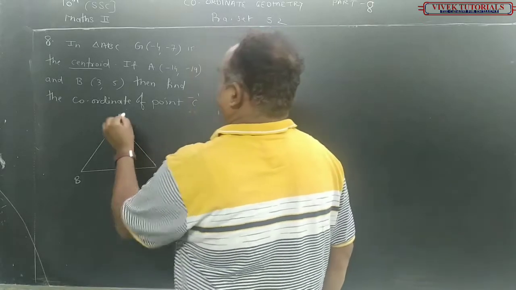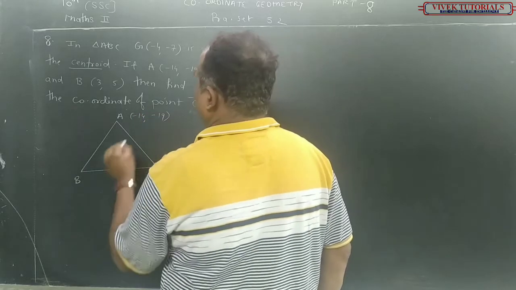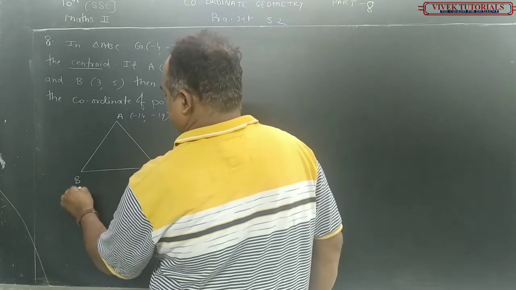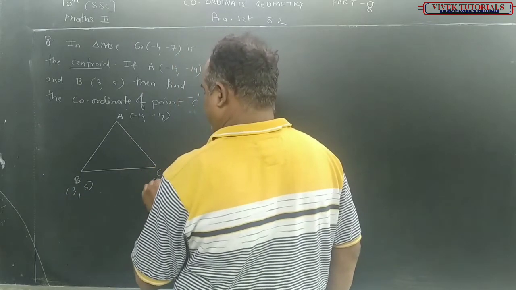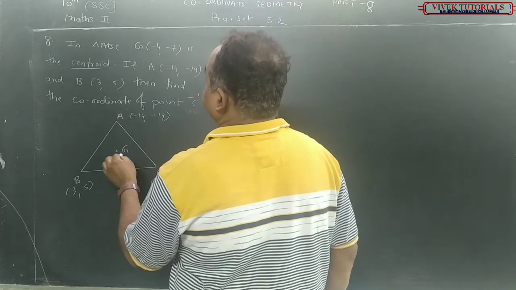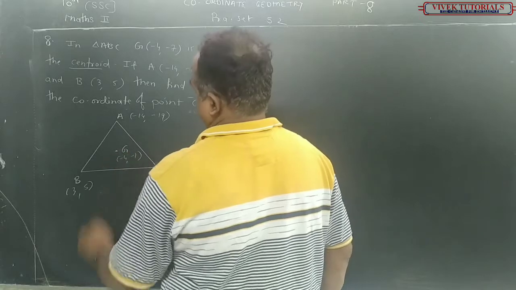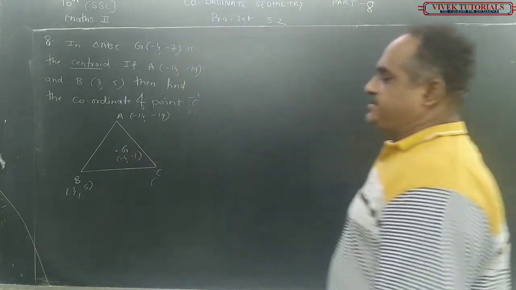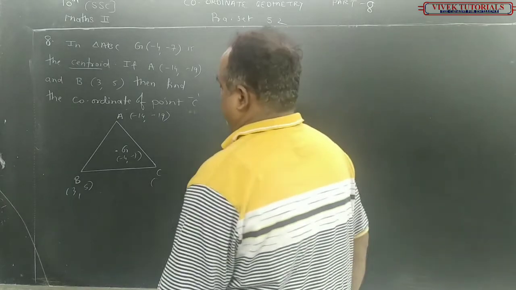A is minus 14 and minus 19. B is 3, 5 and C we don't know. But the centroid G is minus 4, minus 7. Is it right? So we have to find out the coordinate of point C.